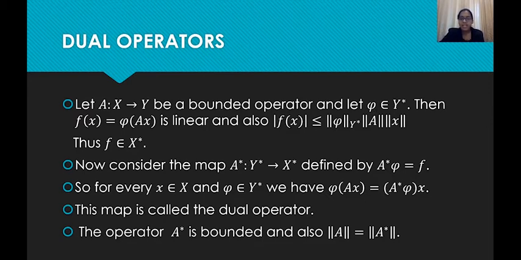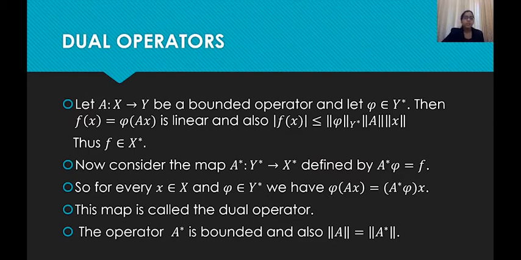So A star phi is equal to F, because we have proved that F, defined by F of x is equal to phi of A of x, is an element of X star. So if we have a bounded operator A from X to Y, we can consider a map denoted by A star from Y star to X star, defined by A star phi is equal to F.